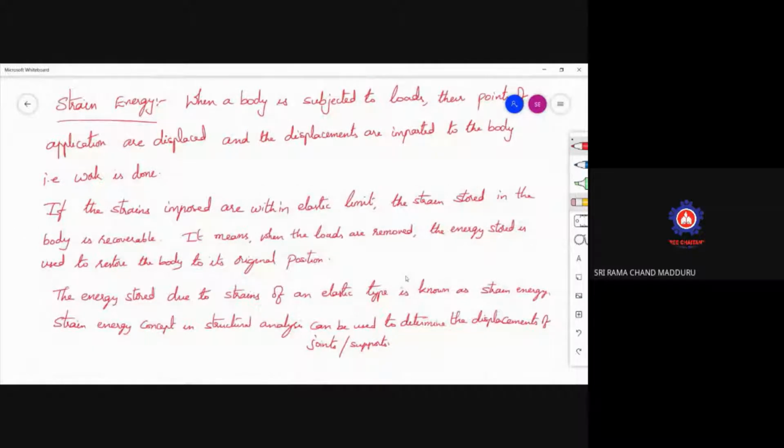Strain energy concept in structural analysis can be used to determine the displacements of joints or supports. There are three methods available where the strain energy concept is used to determine the displacements of joints. First method is real work or strain energy method.